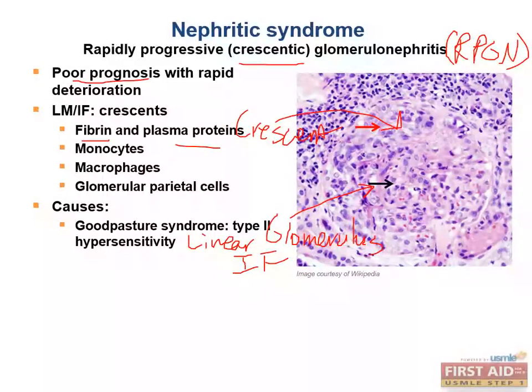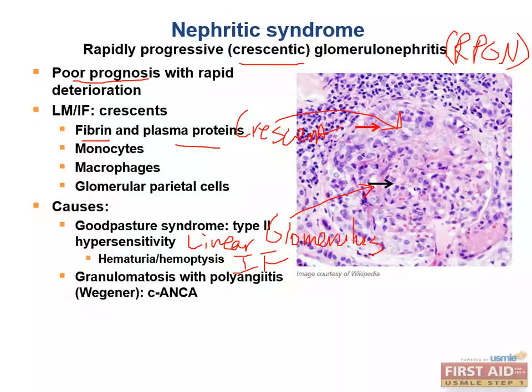One key fact to remember about Goodpasture is that it's also associated with similar damage to the alveolar basement membrane in the lungs. So, what is the typical presentation for Goodpasture syndrome? Hematuria and hemoptysis, because damage is occurring in the kidneys and in the lungs. So the patients are coughing up blood and urinating blood.